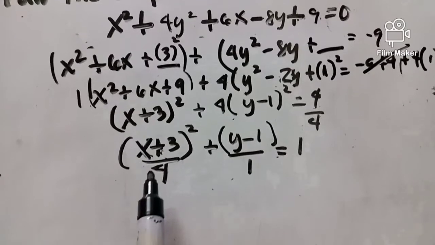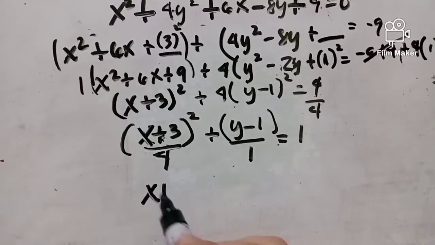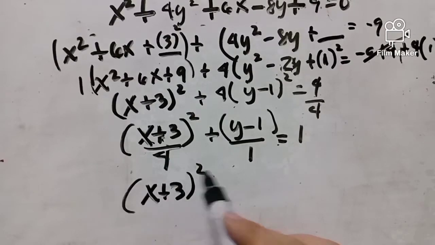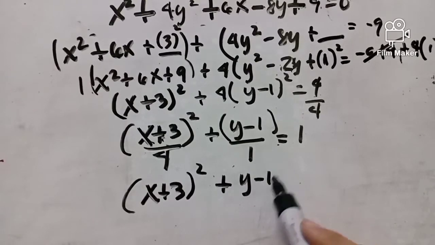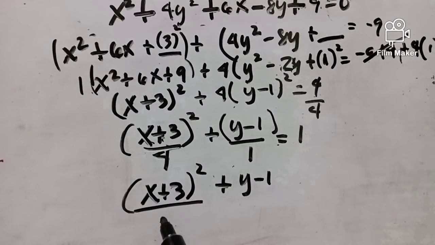Pero, hindi pa yan ang pinaka-final answer, guys. Kasi, x plus 3 squared, and then y minus 1 squared, naka-square root pa yan. Ano bang square root ng 4? Edi 2. Ano bang square root ng 1?